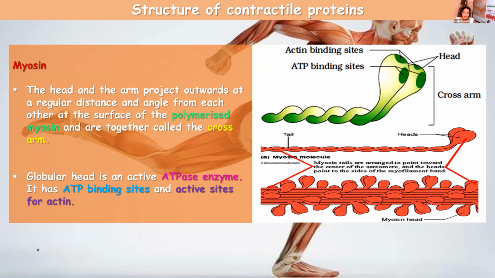The head and the arm, at a particular distance and at an angle, are projected outwards to form a crow's arm. At the globular head, you can see two binding sites for ATP as well as binding sites for actin. These are specific sites. The attachment with that concerned substance will take place only at that particular region.